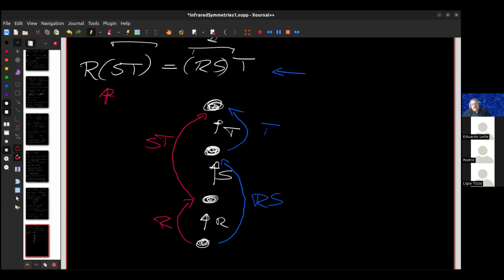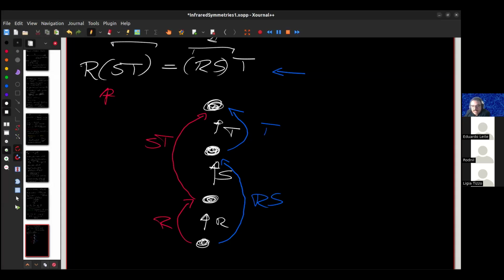But in physics, at least, when we're talking about the phenomenology, when we're talking about rotations, at least to me, it seems to make sense that what you actually have is this thing here. So if I compose these 3 rotations in succession, in this particular order, so I'm applying first this function t, then this function s, then this function r, this should be the same as me composing this other things here. And the reason for this, if you want to go a little bit deeper in math, is because I'm thinking of each of these transformations as a function, and the composition of functions is always associative.